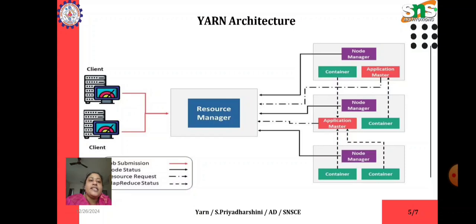Whenever it receives a request, it forwards it to the particular node manager and then gets the response. In it, we have two major components, the scheduler and the application manager. The scheduler is responsible for allocating resources to applications. The application manager is responsible for accepting the application and negotiating the first container with the resource manager.